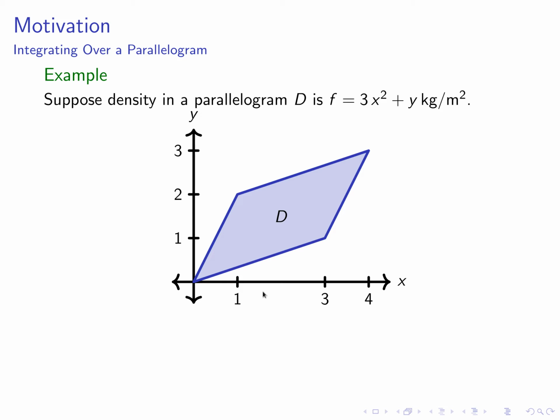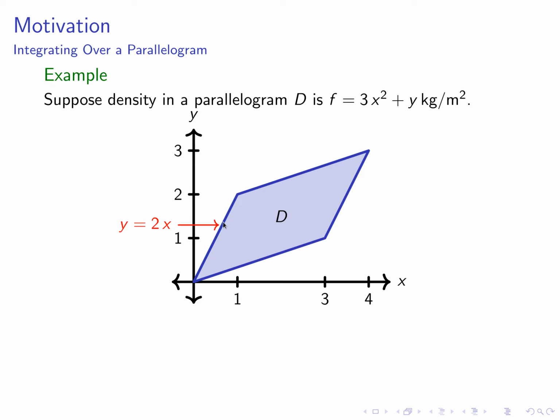If we were to use x slicing, when we slice vertically throughout the region, sometimes we enter through this bottom line and then exit through this top line, but at other points, perhaps if we slice between 3 and 4, we enter through this other line and then exit through a different line. There are lots of corners in this region, so setting up one double integral won't work.